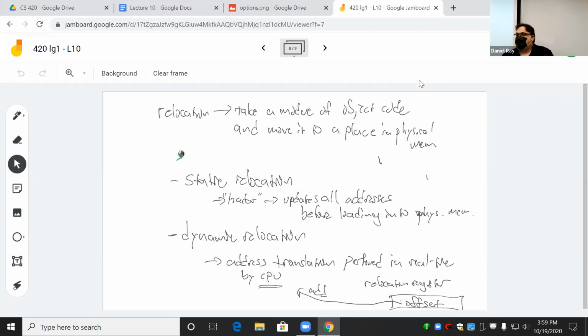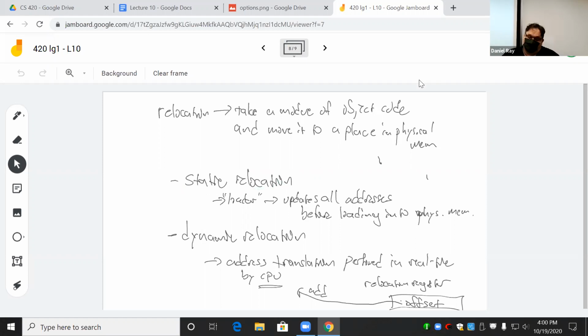Under systems where we think we're not going to be loading code or processes into RAM that often, and that could be a kind of system where you've got a lot of RAM for the average process, or the process is long running, so we don't need to swap them out very much, then that could be an argument for doing static relocation.